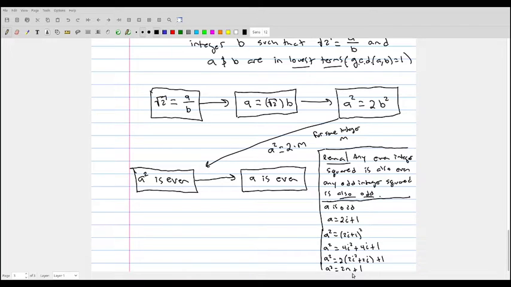for odd integers, the square of an odd integer will always be odd, and furthermore, you have the exact same result for even integers.